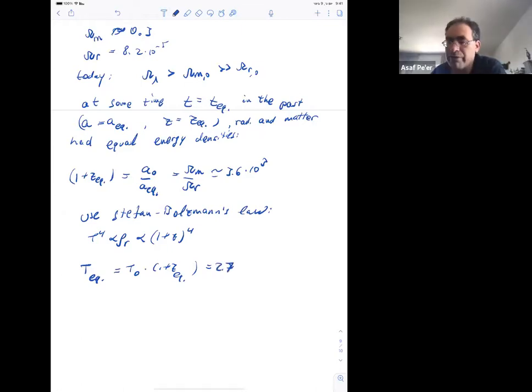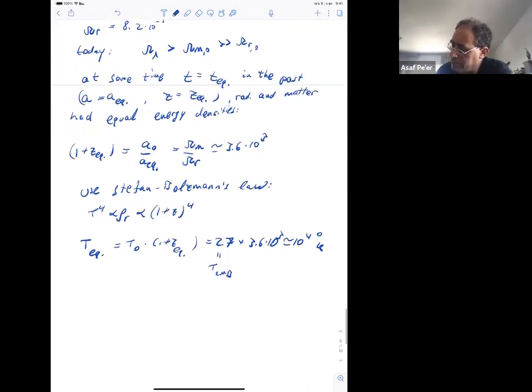It's the cosmic microwave background. Times 3.6 times 10 to the 3. That's about 10 to the 4 degrees Kelvin. 10 to the 4 degrees Kelvin is nearly 1 electron volt, 0.9 electron volt.